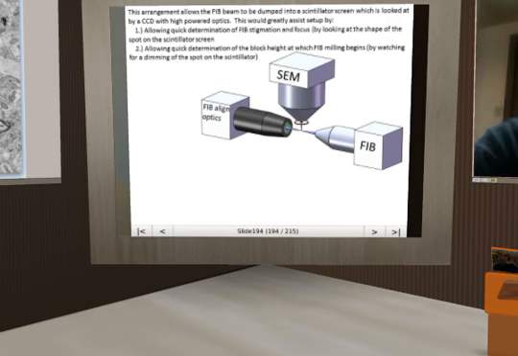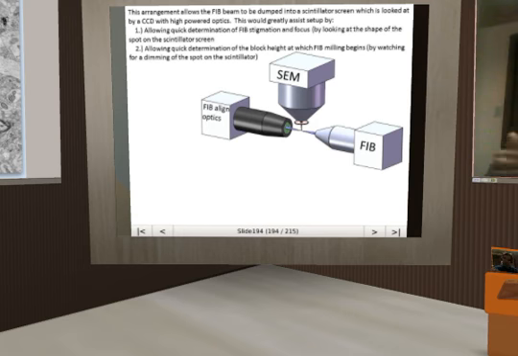This arrangement allows the focused ion beam to be dumped into a scintillator screen, which is looked at by a CCD with high-powered optics. This would greatly assist setup by first allowing a quick determination of FIB stigmation and focus by looking at the shape of the spot on the scintillator screen, and more importantly, to allow quick determination of the block height at which FIB milling begins by watching for dimming of the spot on the scintillator.